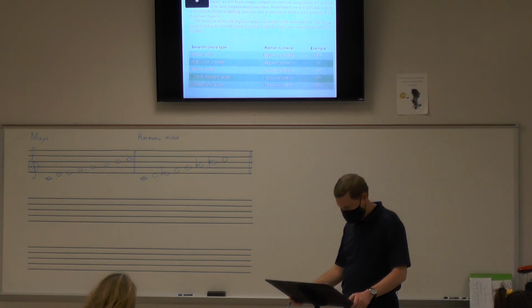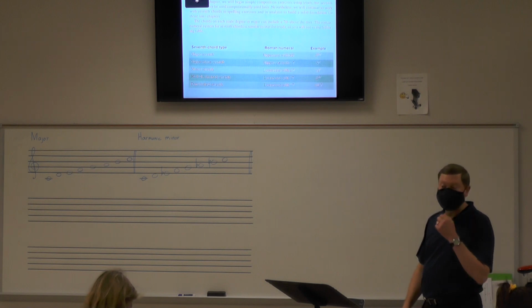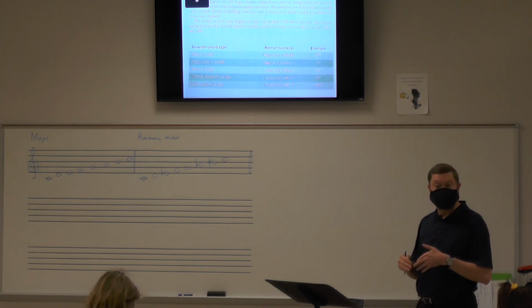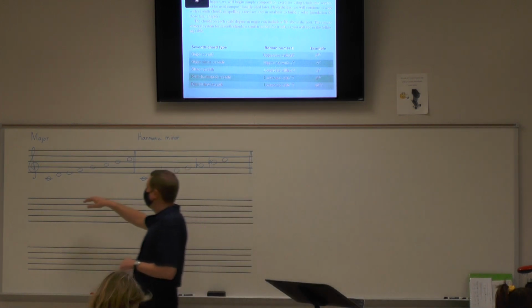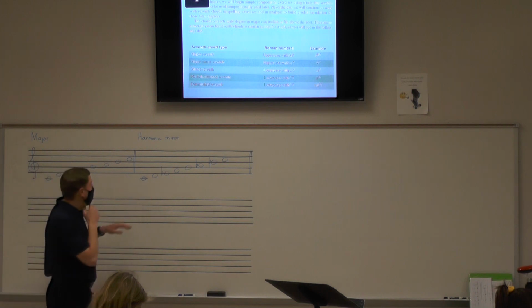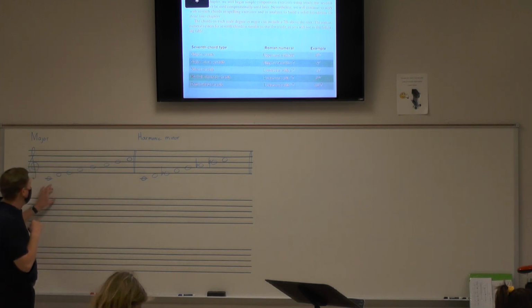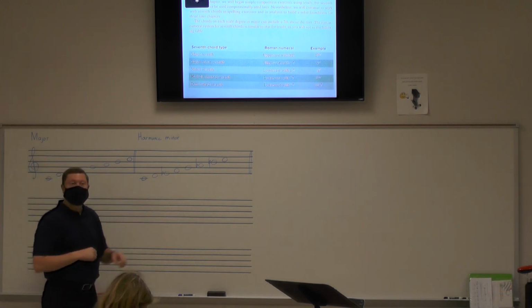Okay. Now, at this point, when we were talking about triads in Roman numerals, I started building triads on every one of the scale degrees in both major and minor keys. We found out what type of triad we got, and the Roman numeral label for each of those triads on all of these scale degrees.